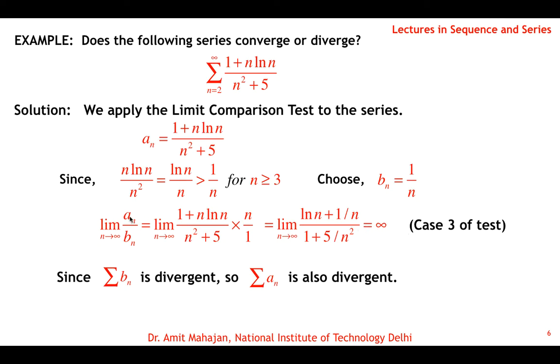So case 1, if we choose bn to be log n by n, then by case 1 the series an and series bn will converge or diverge together. And because this is greater than this, by the direct comparison test, if the smaller series diverges, the bigger diverges. So we know this is a divergent series and both converge or diverge together by case 1, so this is also divergent. In that way also we can prove that the series an is a divergent series.